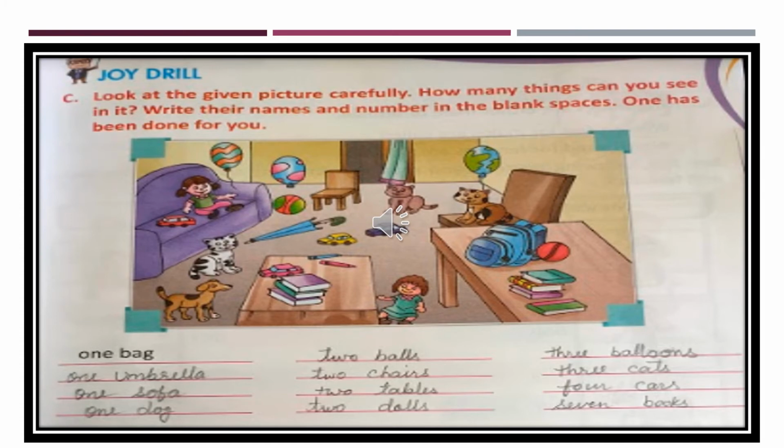So we will write 1 umbrella, 1 sofa, 1 dog, 2 balls, 2 chairs, 2 tables, 2 dolls, 3 balloons, 3 cats, 4 cars and 7 books.